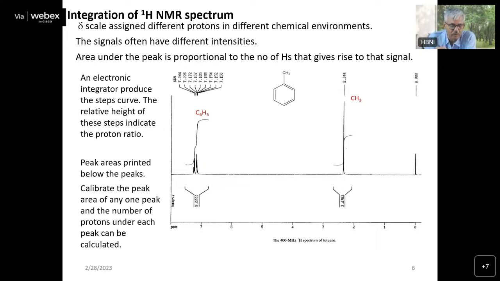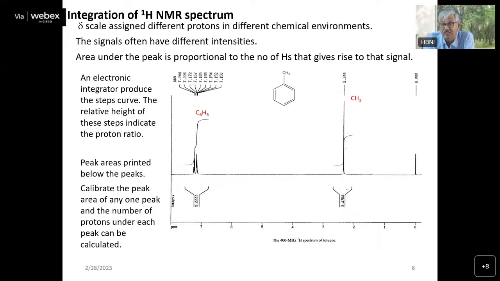Sometimes the inbuilt integrator can give you the peak areas printed below the peaks. You can see here it has been printed 5 because we have already said that there are 5 protons. Suppose you make it 10, then you will see that it becomes 6.4. So you see again that it is now 3.27.